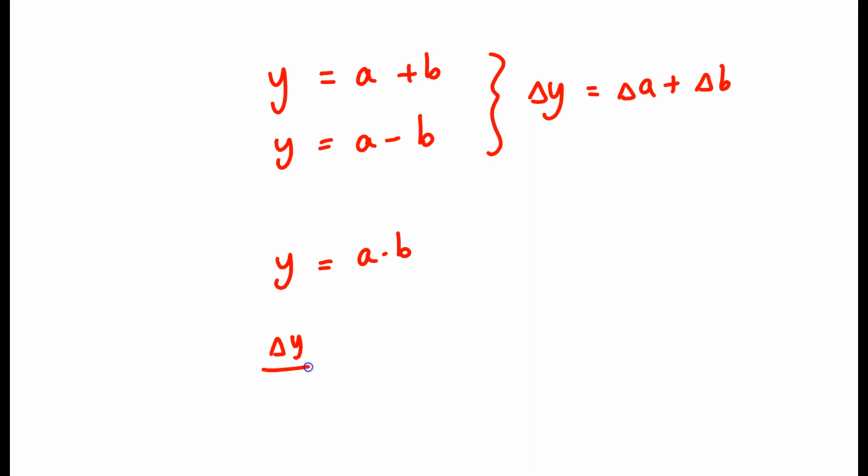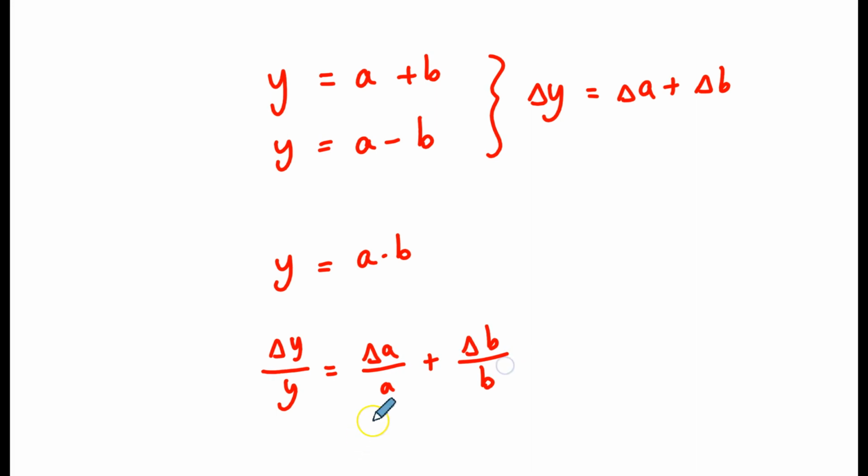We say the percentage uncertainty in Y, which is the absolute over the measurement, is equal to the percentage uncertainty in A plus the percentage uncertainty in B. Unfortunately, there's no symbol for the fractional or percentage uncertainty, but we could, if we want, say the percent in A is equal to the percent in B plus the percent in C.